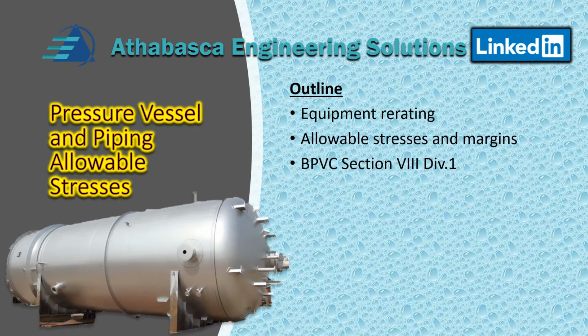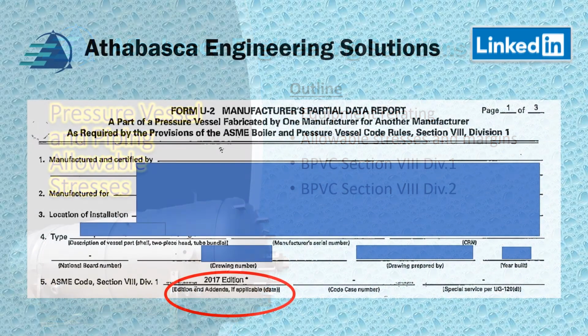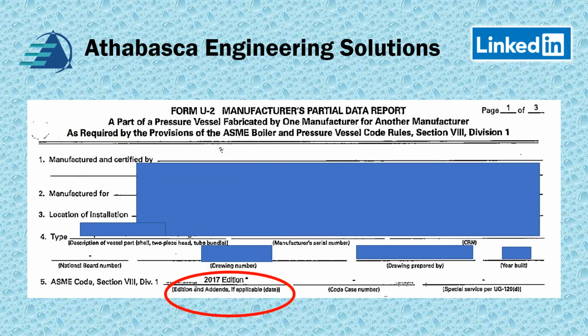Boiler Pressure Vessel Code, Section 8, Division 1 will be the focus of our discussion, and Division 2. Shown on the diagram is a U2 form, a manufacturer partial data report.